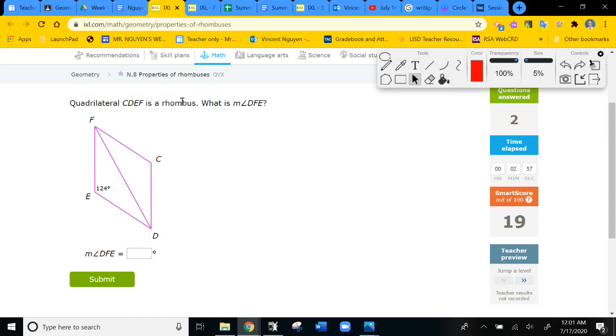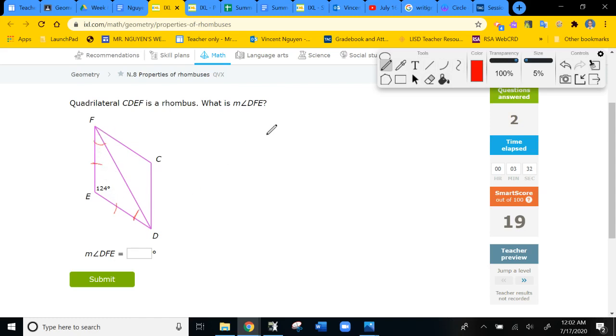All right, so here we are with DFE. We're looking for DFE. So we're looking for this angle. Well, the sides are the same on a rhombus, right? The sides are the same, which makes this triangle right here an isosceles triangle, which means the base angles would also be the same. So we know the total is 180.